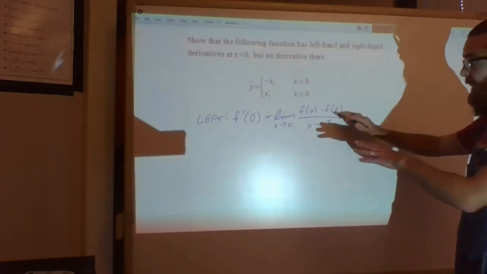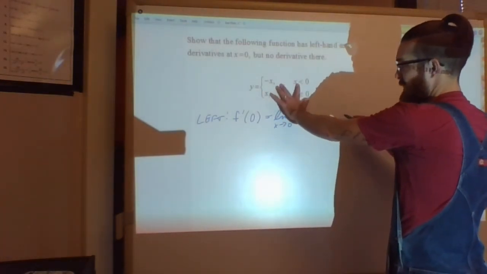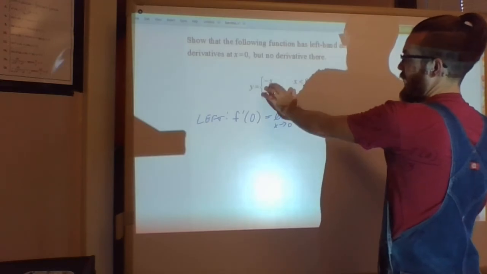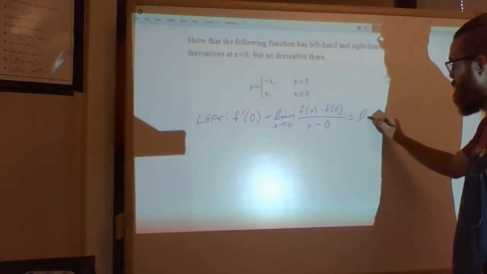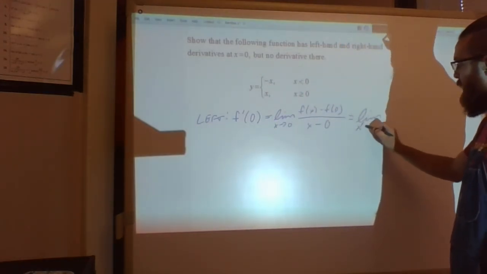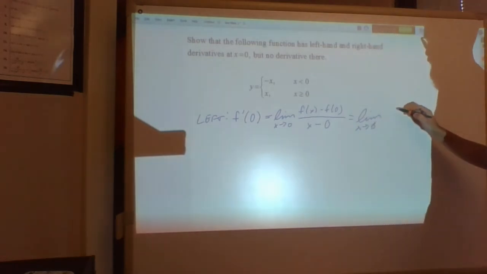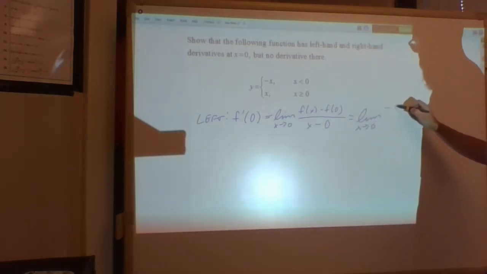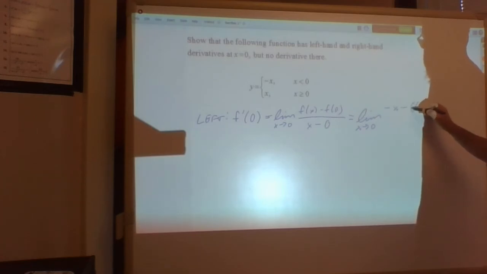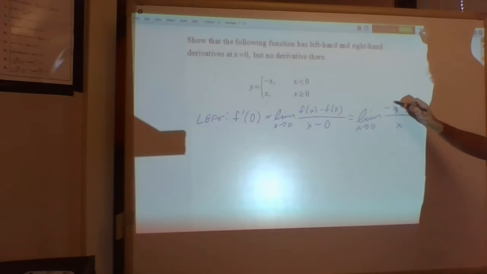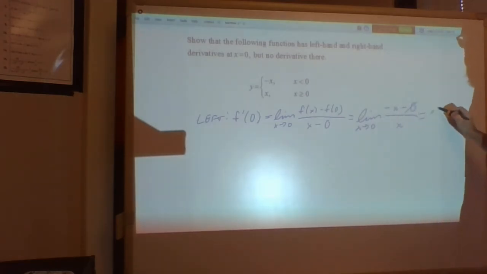Now looking at this, the left derivative is going to be this rule because we're to the left of 0. Limit as x approaches 0 of negative x minus 0 over x. Pay no attention to that 0. Negative x divided by x gives me -1.